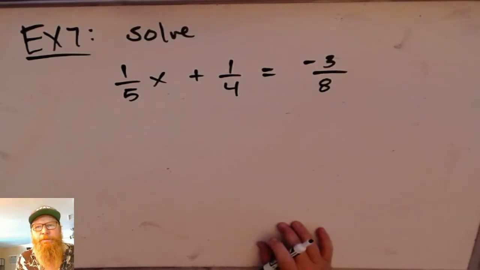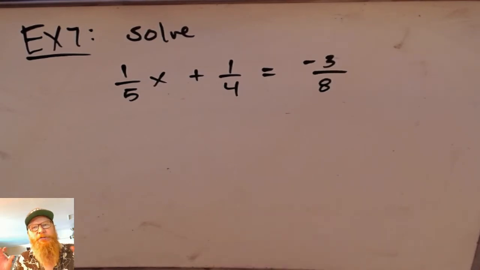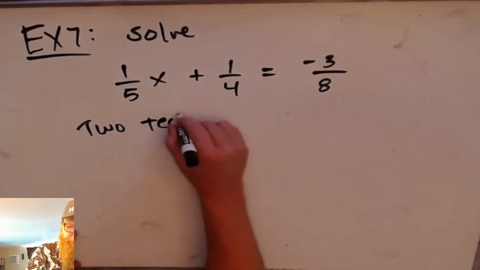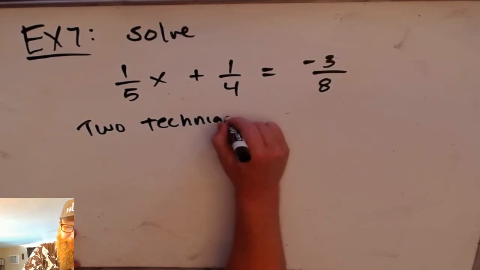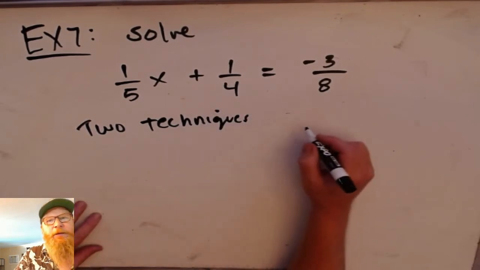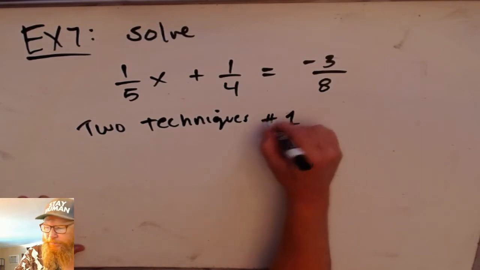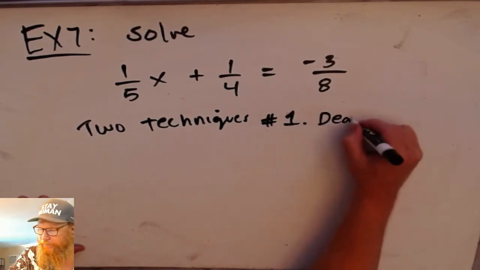So we are going to combine this all together. Now there are two different techniques, and I'm going to show you both of them. Number one is called deal with it.